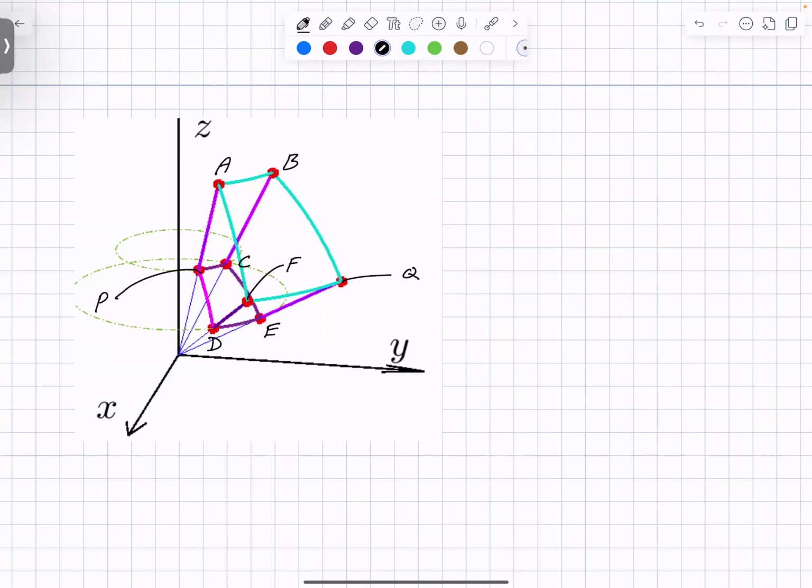Consider the length PA, which will be equal to the length CB, which will also be equal to the length DF and EQ. The radial lines, there are 4 lines that are equal in length. This one, this one, this one, and this. These 4 are equal, right? So do we know what that length is?